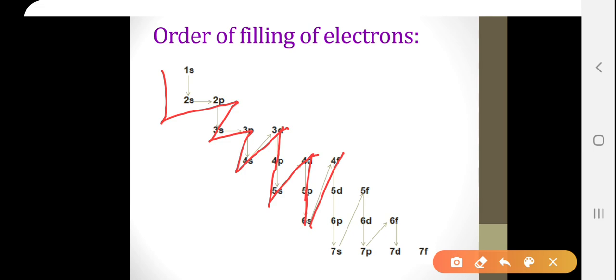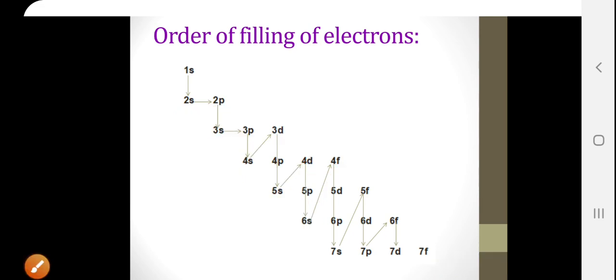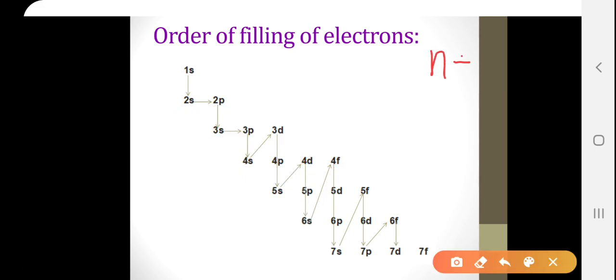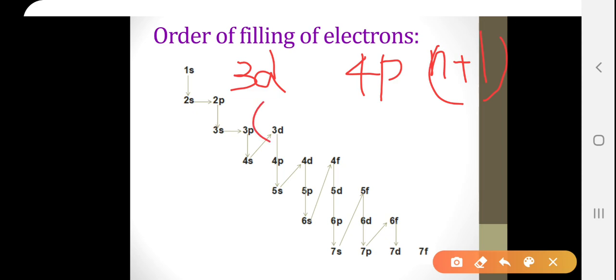And what I told, the second rule, what is the second rule? The second rule: if the n plus l value is the same for two subshells. For example, let me take 3d and 4p. See here, the value of n for 3d is 3, and for d, the l value is 2, so 5.